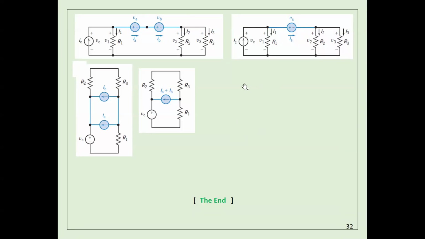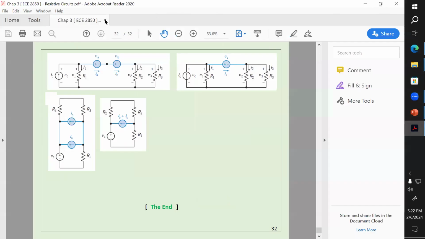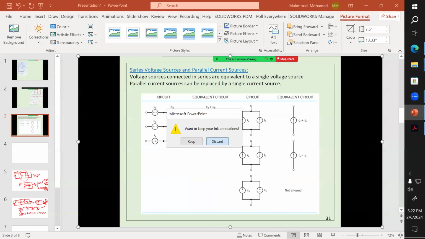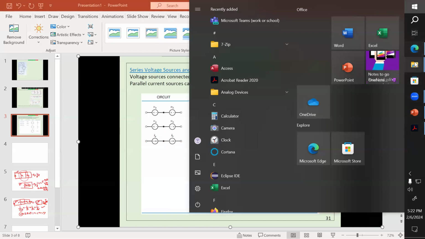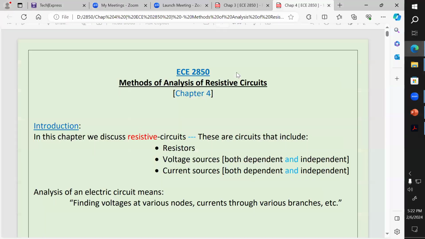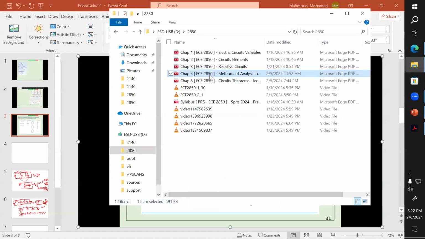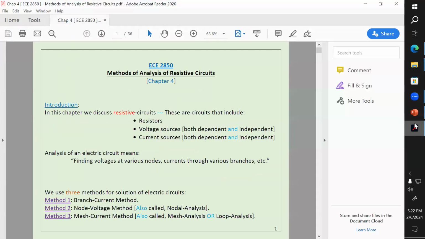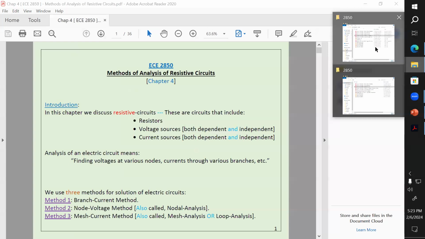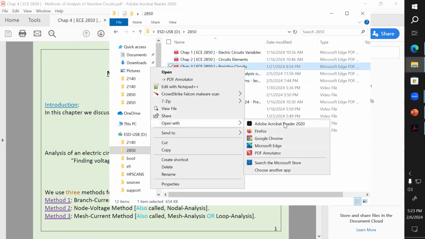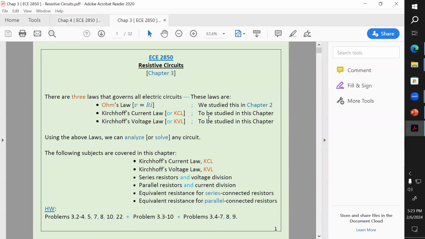Okay. I think this is the end of chapter 3. Let me tell you, I want to link chapter 3 to chapter 4.